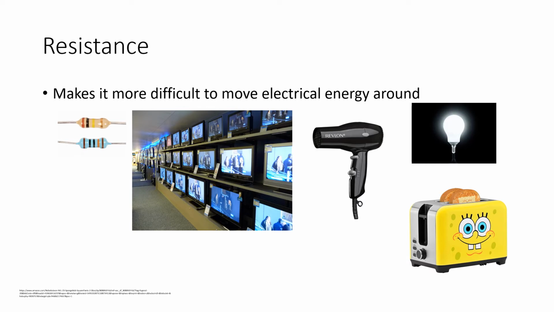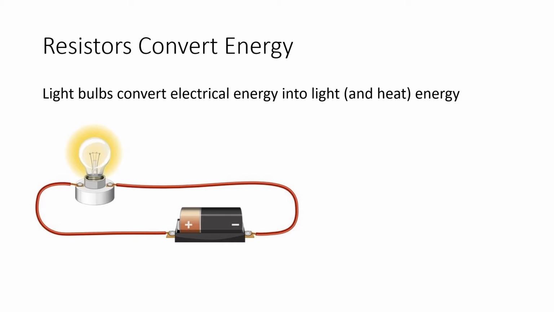Okay, but there is another way to think about resistors. And that is that resistors are devices that we put into circuits to convert electrical energy into some other form of energy. All right, a classic example is just a battery and a light bulb. The battery produces electrical energy. That electrical energy goes to the light bulb, and then that light bulb converts the electrical energy into light energy and often thermal energy, which we feel as heat.